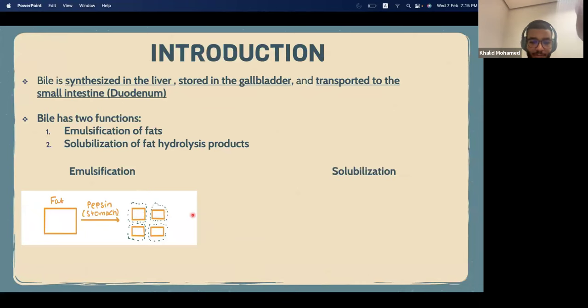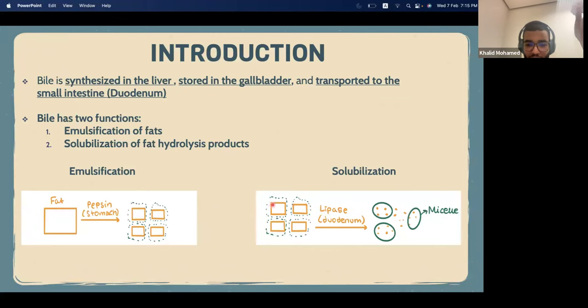And then once these fat molecules are broken down into smaller fat droplets, the bile salts again surround these fat droplets, forming structures we call micelles. These help in solubilizing the fat, therefore making it easier to absorb.